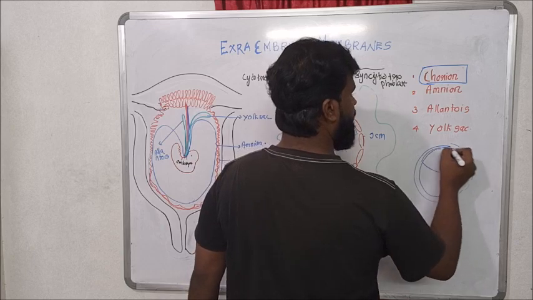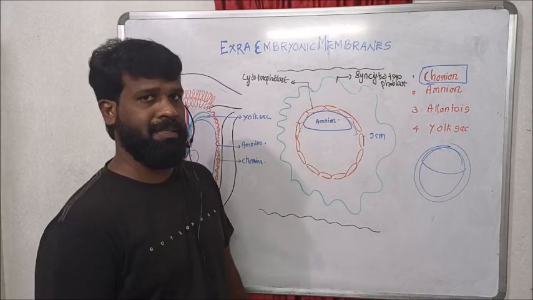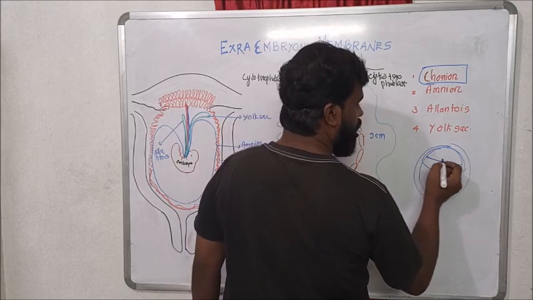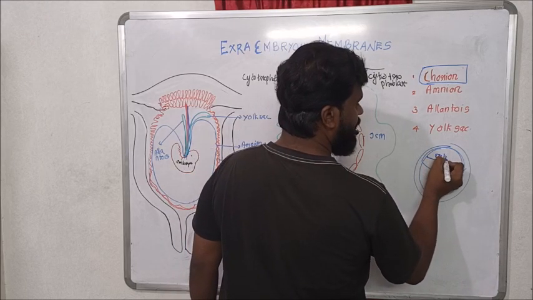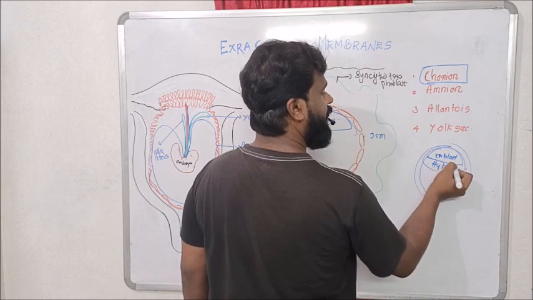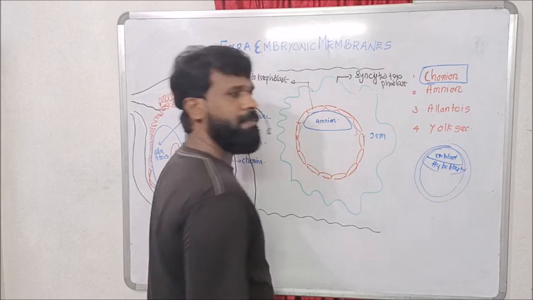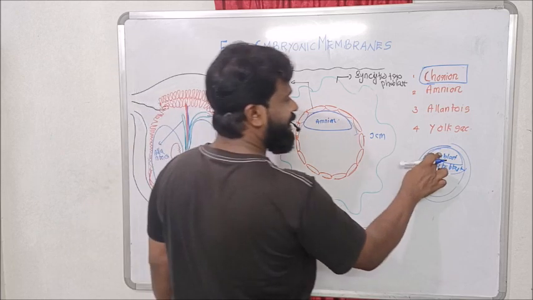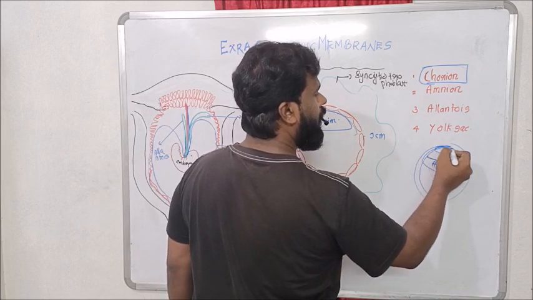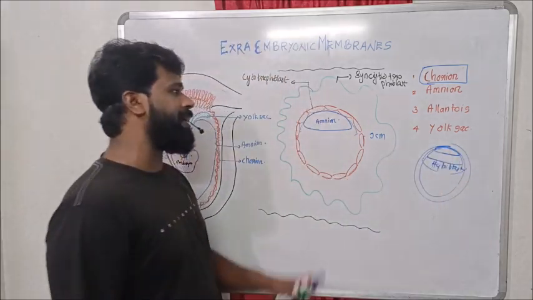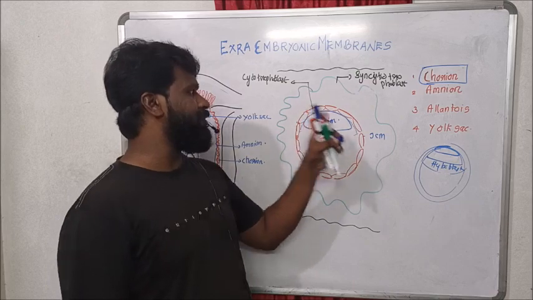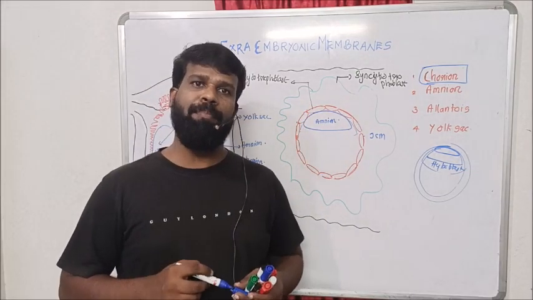Suppose this part is the inner cell mass. This inner cell mass splits to form two layers, epiblast and hypoblast. And a cavitation, or a cavity, forms in this epiblast, and it is called amnion.